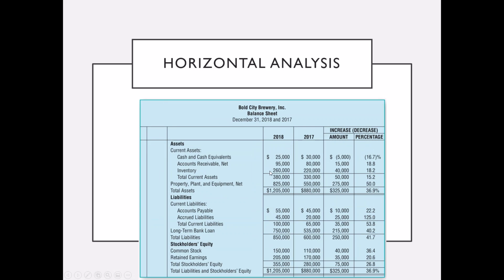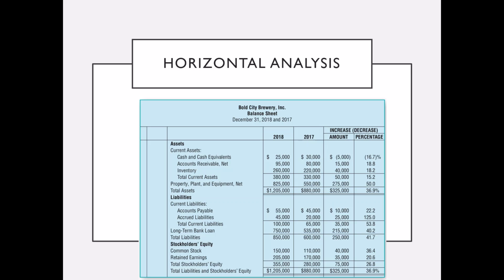The balance sheet gets done the very same way. Here you're taking the difference between 2017 and 2018, and there was a $5,000 reduction, right? 30 minus 25. Yep. And that means that there was a reduction in cash. No judgment at this point.